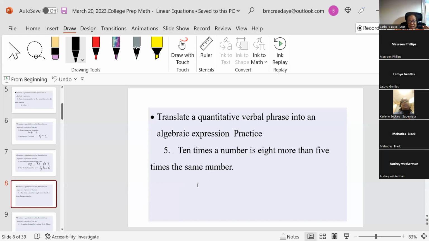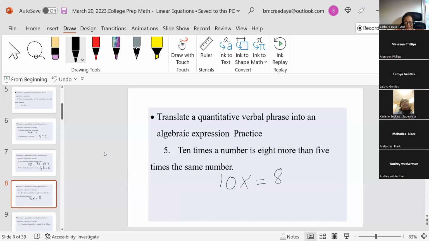Latoya, number 5, what's the answer? 10. Okay, 10 times a number, 10x, is equal 8, 8 more than 5 times the same number.